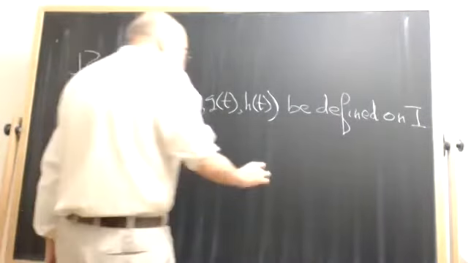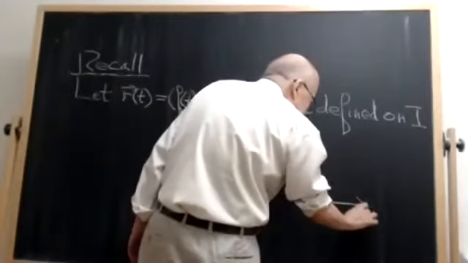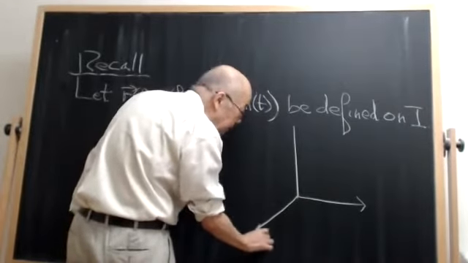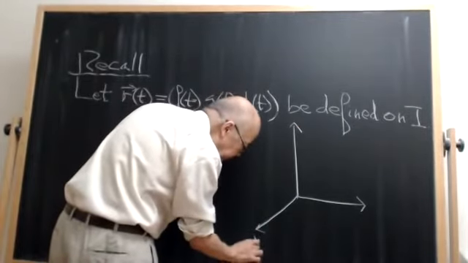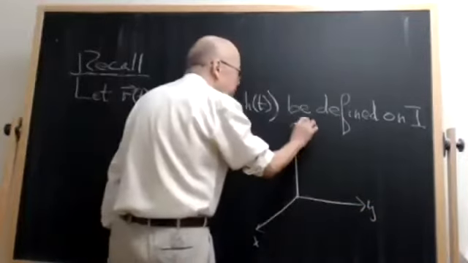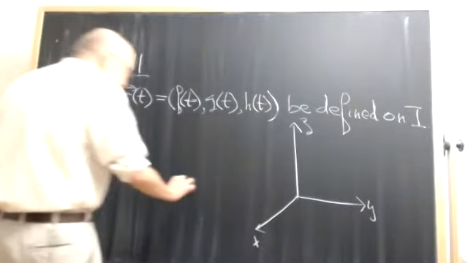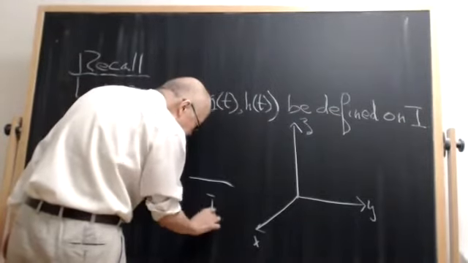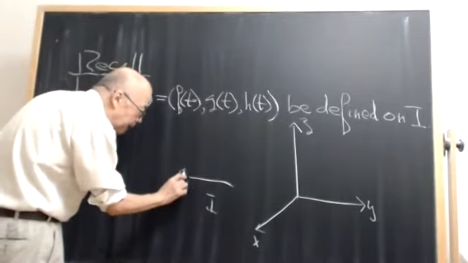So pictorially, we have a curve in space. And then we have the interval I, and let's call this AB.